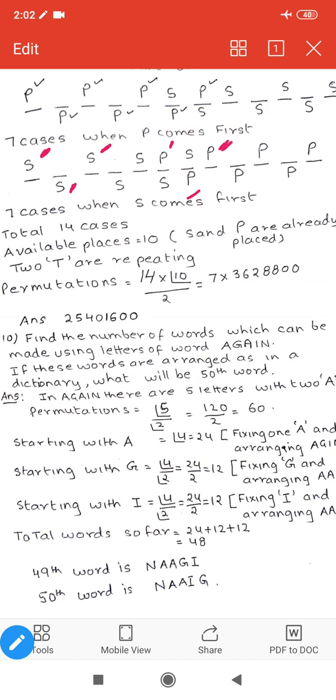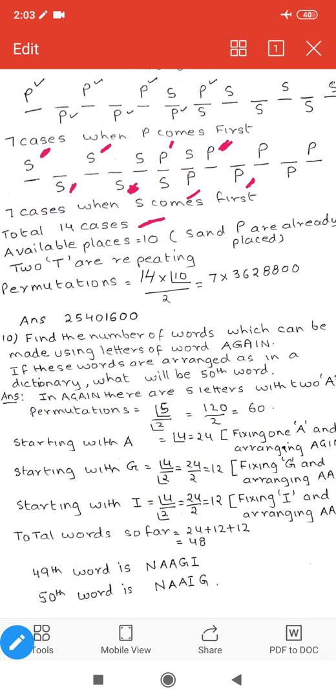So S here, it is P here. So over here you can see again there are 7 cases. S and P in between have 4 places vacant. So total there are 14 cases.